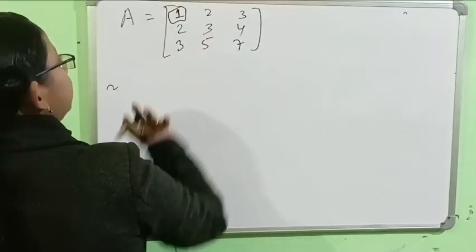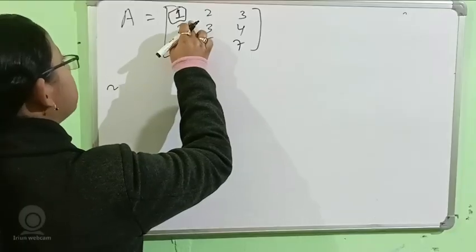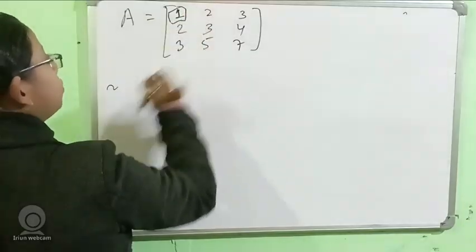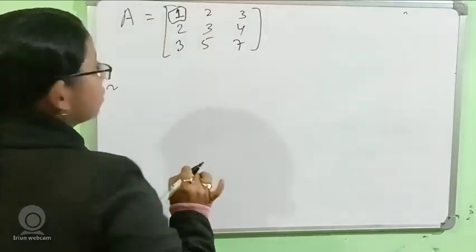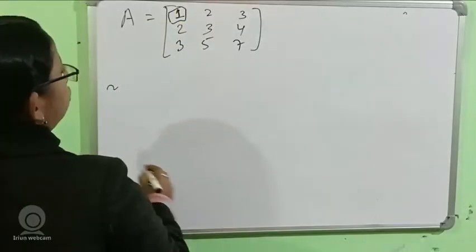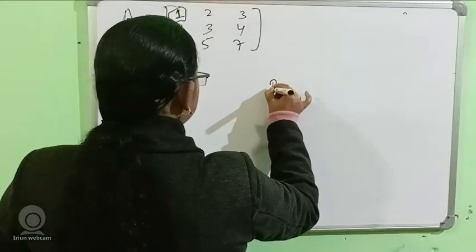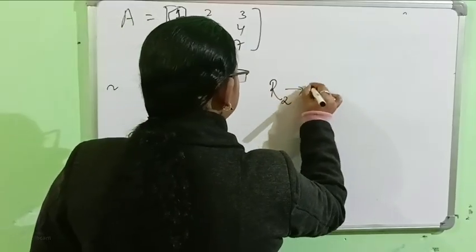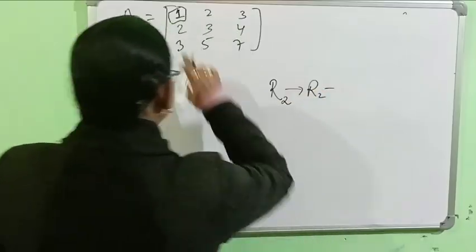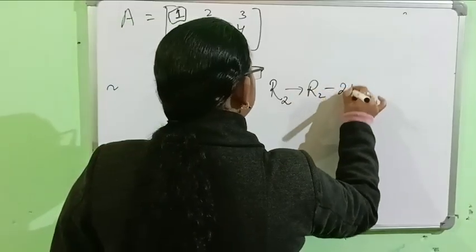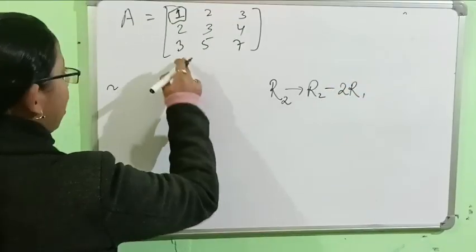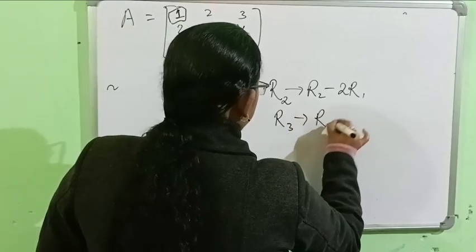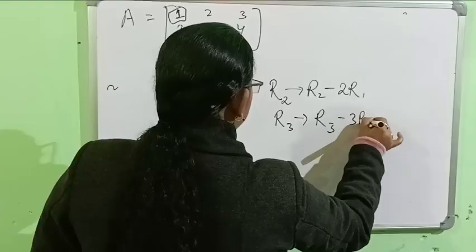Now, with the help of proper row transformations, I will make all the elements below this in the first column 0. The transformations will be R2 minus 2 R1 and R3 minus 3 R1.